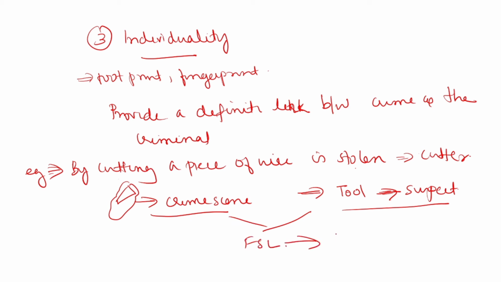By examining them, it is shown that the wire was cut with the same tool. Why? Because we already said that there is some individual characteristic for a tool. Only this tool can make this characteristic at the cut end of the wire. That's why it is easily identified that this particular theft was done by this particular criminal. So that is about individuality.